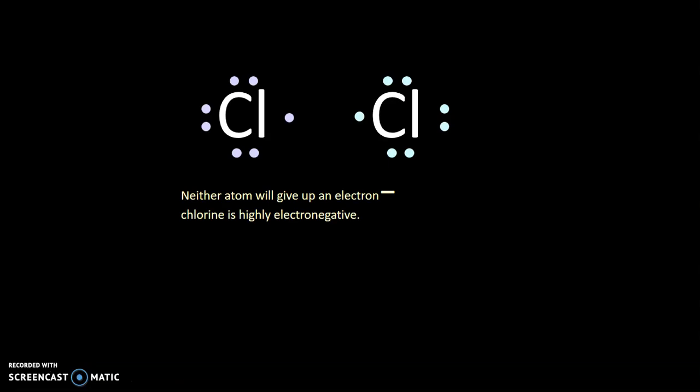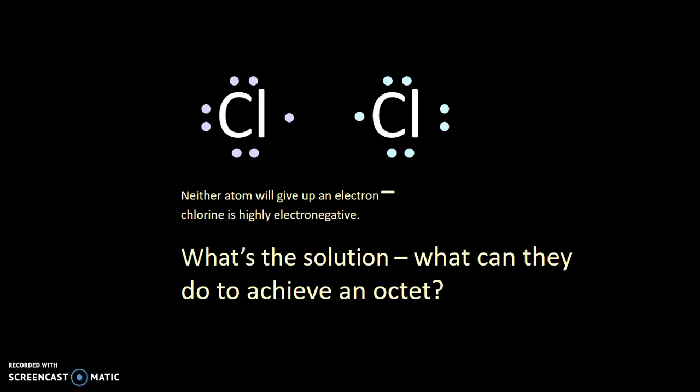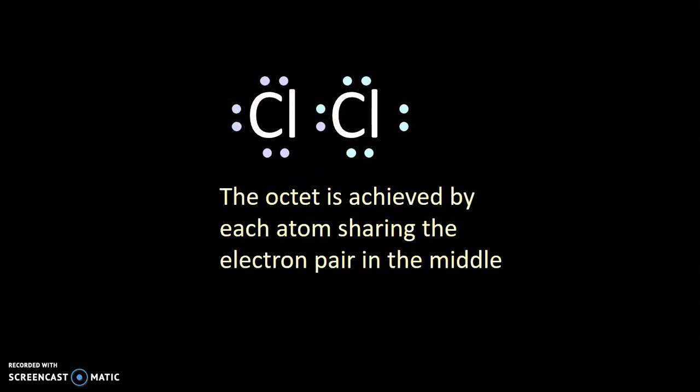rather than losing or giving up electrons, they share electrons in order to achieve 8 electrons in their outer shell. So this one now, because they are sharing these two electrons, has 1, 2, 3, 4, 5, 6, 7, 8 electrons in its outer shell. And this one now has 1, 2, 3, 4, 5, 6, 7, 8 electrons in its outer shell, because they are sharing that electron pair in the middle.